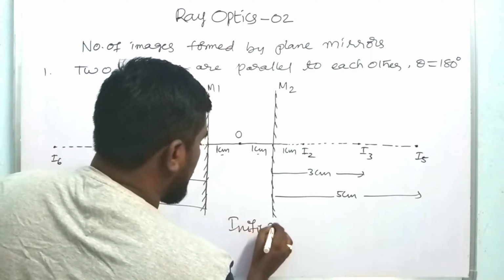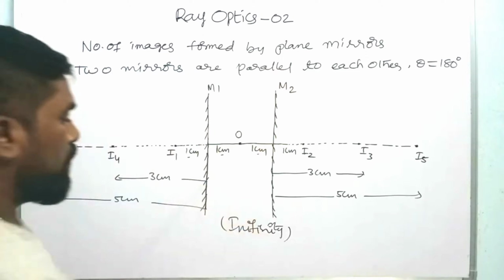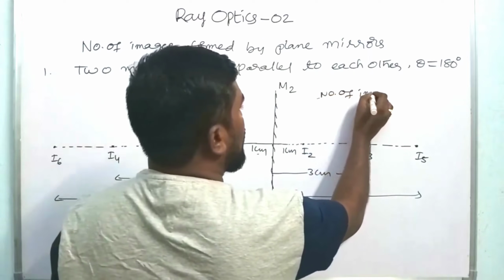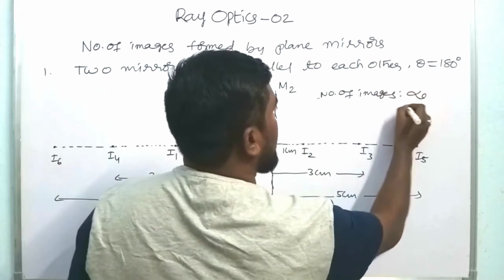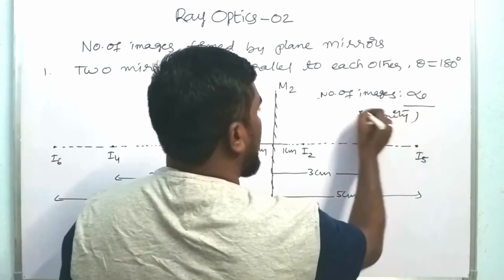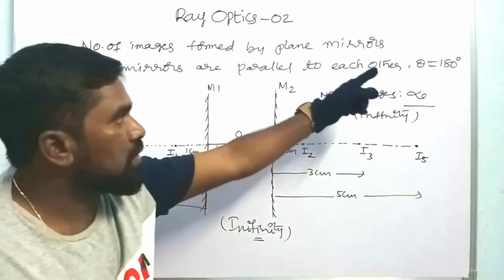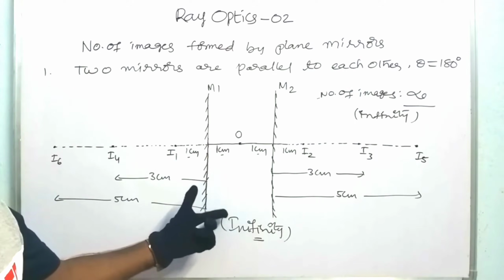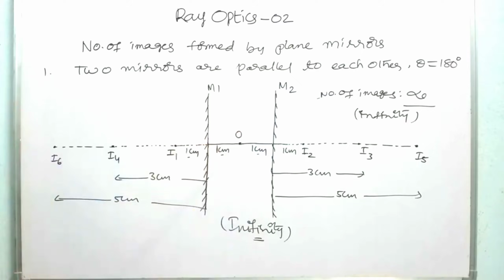So if two mirrors are parallel to each other, then the number of images is infinity. If two mirrors are parallel to each other, theta is equal to 180 degrees, then the number of images formed is infinity. Clear?